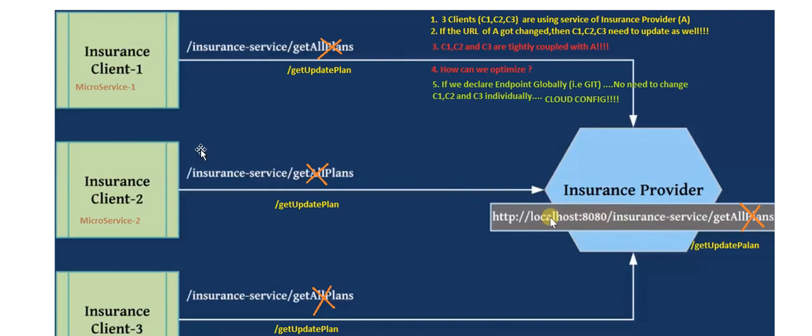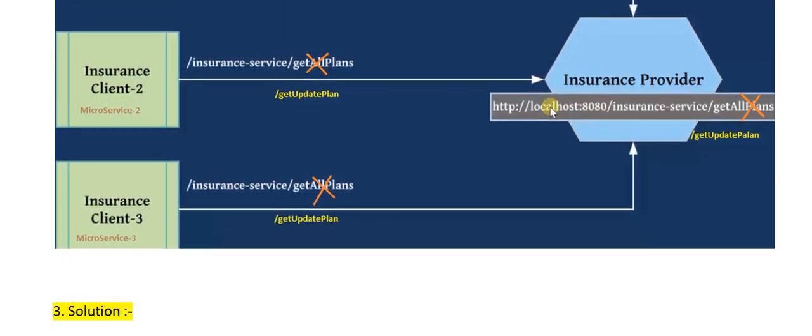Every client will call the Spring Cloud configuration, which will get the data from GitHub, and GitHub will communicate with that insurance provider. This way we can handle that problem very easily.